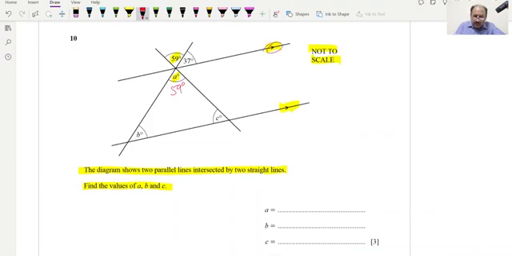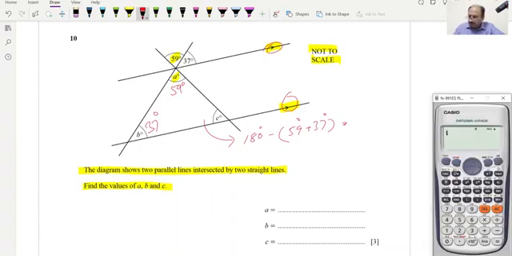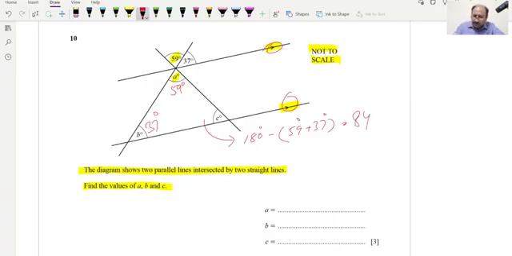And these two lines are parallel, so this angle will be the same as this angle. So we can write this as 37, and this one remaining angle we can calculate. This will be 180 minus (59 plus 37) degrees, and this will be equal to 84.